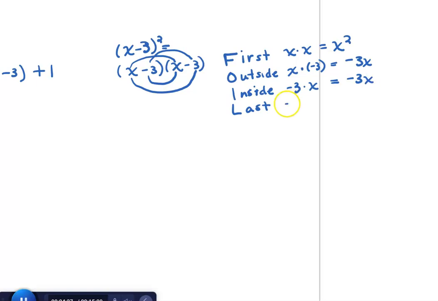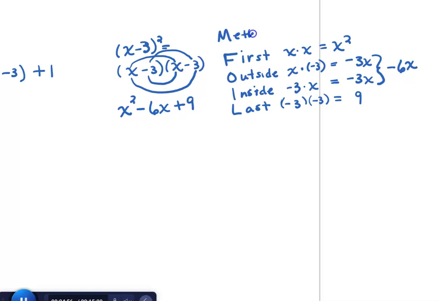And then last times last is -3 times -3, which gives us a +9. Then if we combine like terms, -3x plus -3x is -6x. So to square that, we end up with the trinomial x squared minus 6x plus 9. So that's method 1.